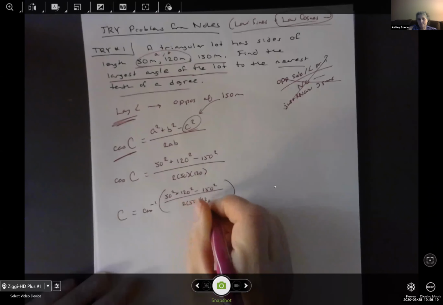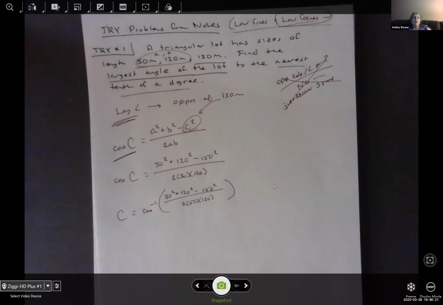Okay. And we have this. Now, when we're using law of sines to find an angle, we have to look at multiple cases. That's not true with law of cosines, okay? So inverse cosine of 50 squared plus 120 squared minus 150 squared.